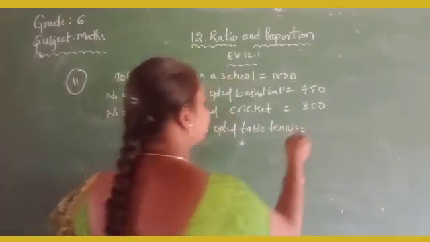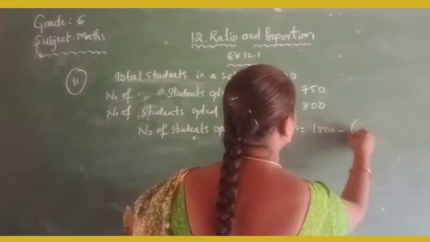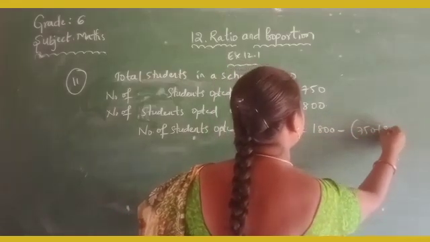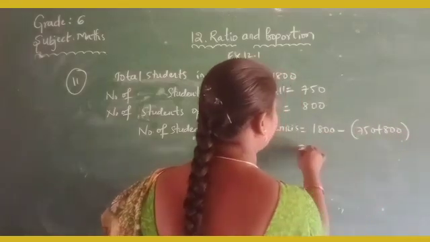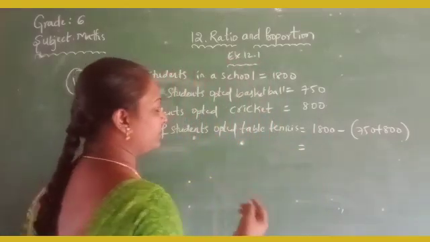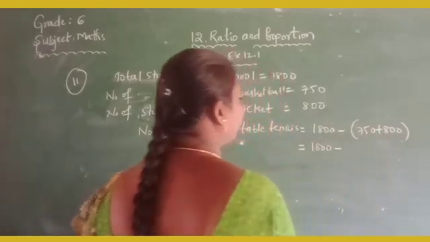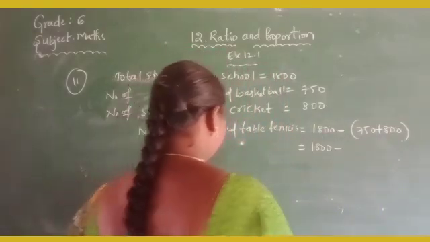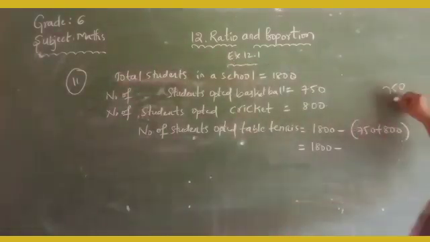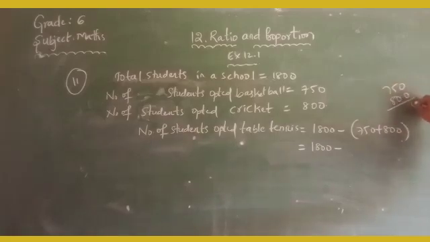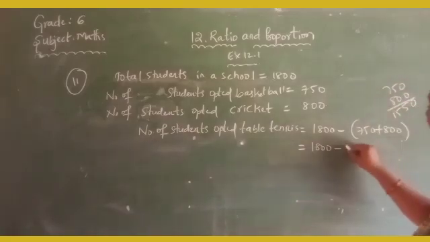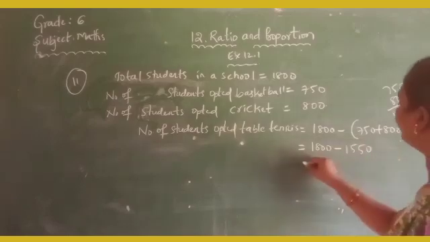So how many is it? From the total of 1800, subtract 750 plus 800. Then we will get the number of students who opted for table tennis. 750 plus 800 is 1550.